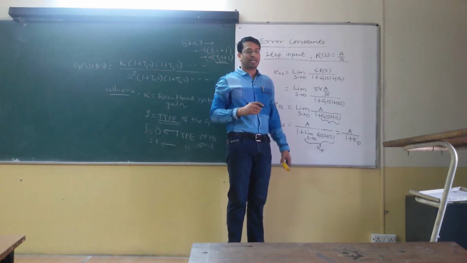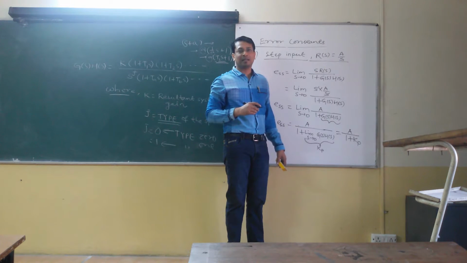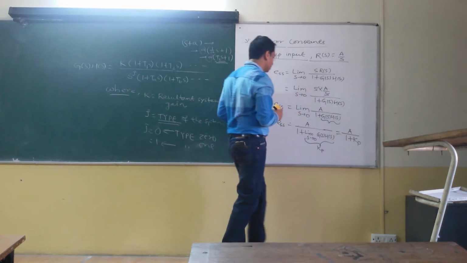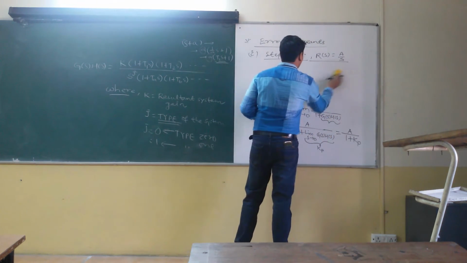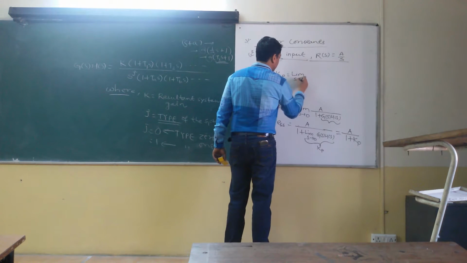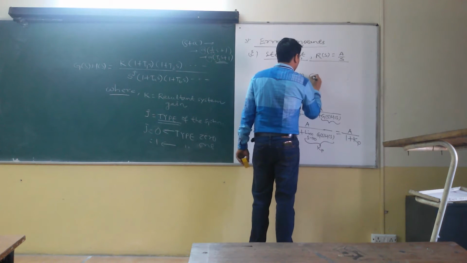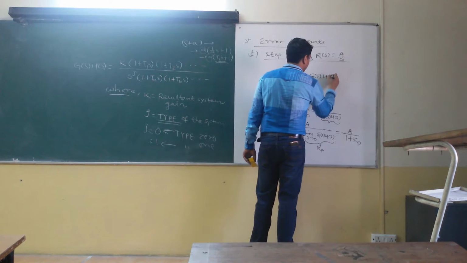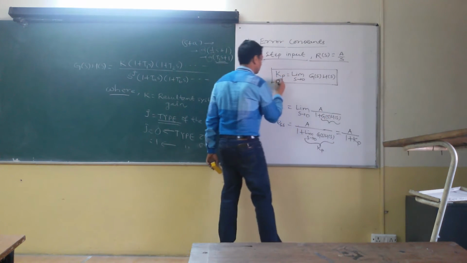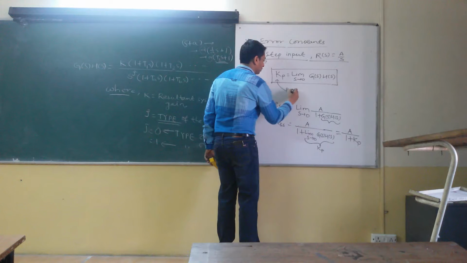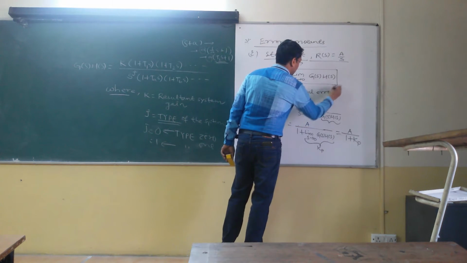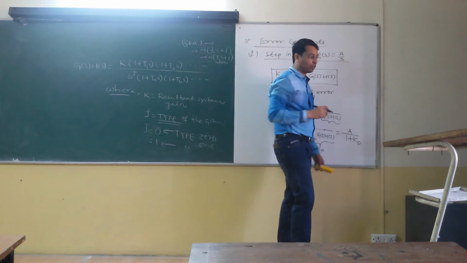Where Kp is the position error coefficient. Kp I have defined: Kp is equal to limit s tends to 0 G(s)H(s), and I am going to name this Kp as positional error constant or coefficient.